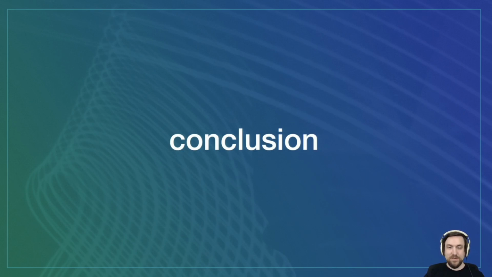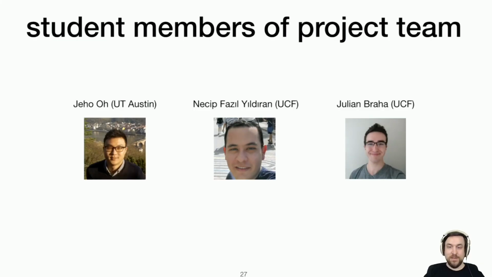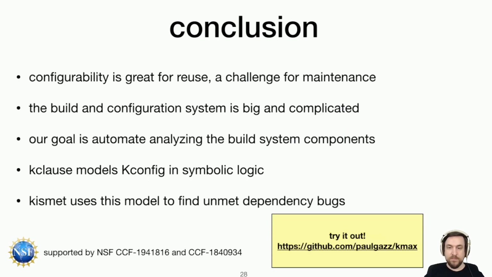Thank you, Necip. And that concludes our talk. I just want to give a shout out to all the students who worked on this, including Necip and Jeho and Julian, who helped get this stuff solid and evaluated. In conclusion, configurability of the kernel is a boon for reuse, but it's a challenge for maintenance.